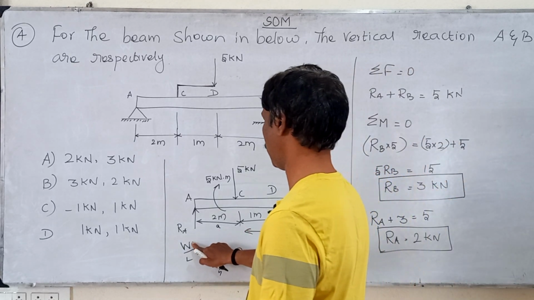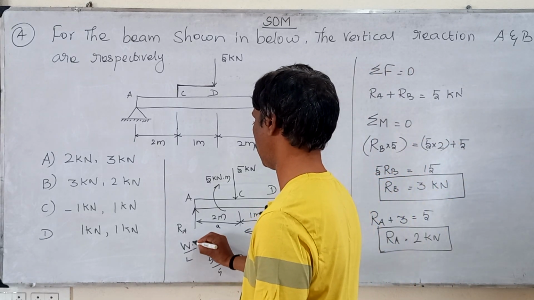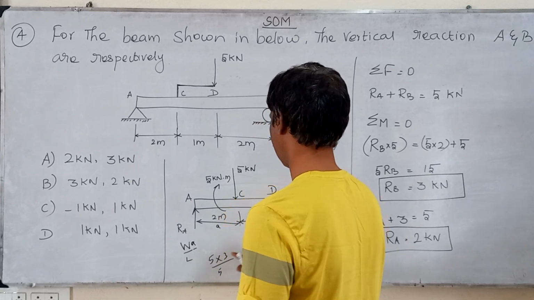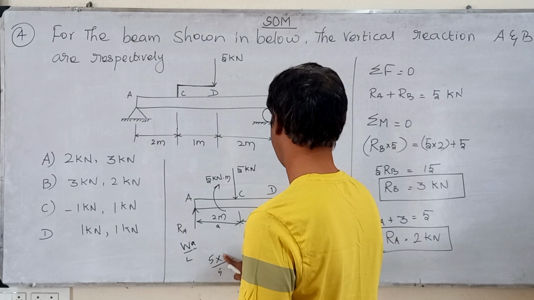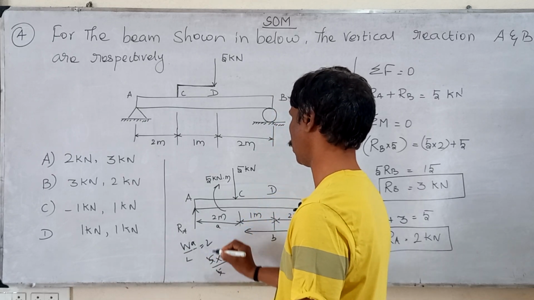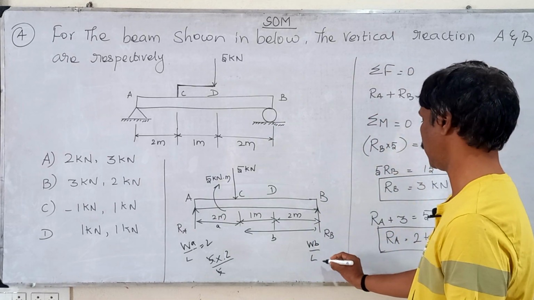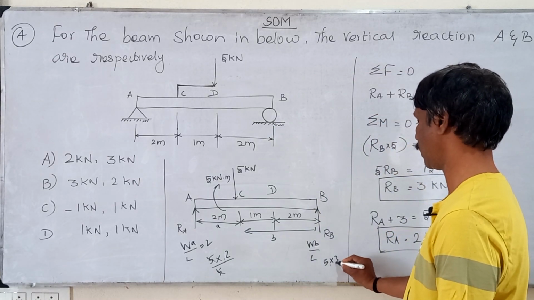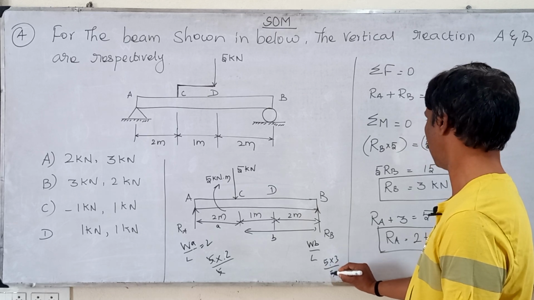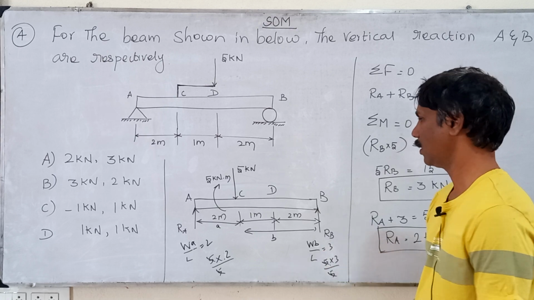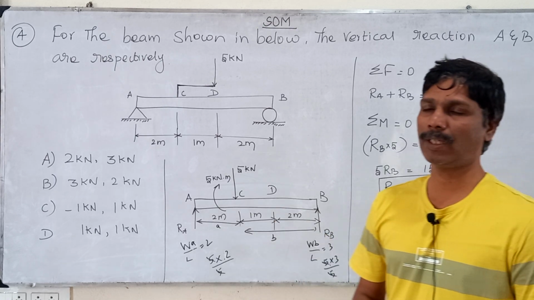This formula will be W A by L and W B by L. A is 2. So when you simplify, you can get 2 kN. Similarly here also 5 into 3 by 5, so we can get 3. So we can directly calculate by using this formula.